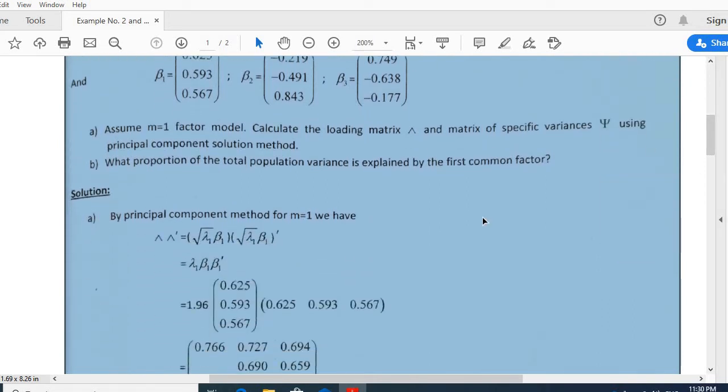By the principal component method for m is equal to 1, we have capital lambda into capital lambda transpose equal to square root of lambda 1 into beta 1, into square root of lambda 1 into beta 1 transpose, where lambda 1 is an eigenvalue. It is a constant, so it is not a matrix, be it a column vector or row vector.